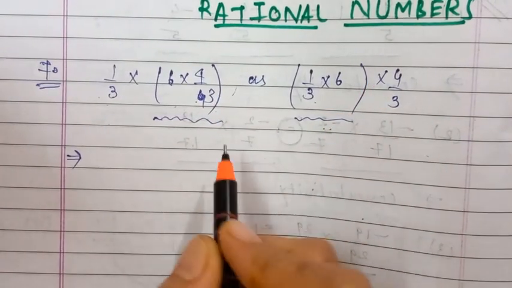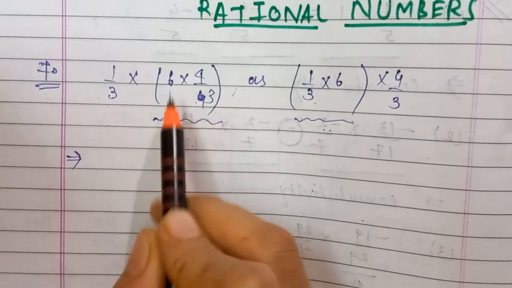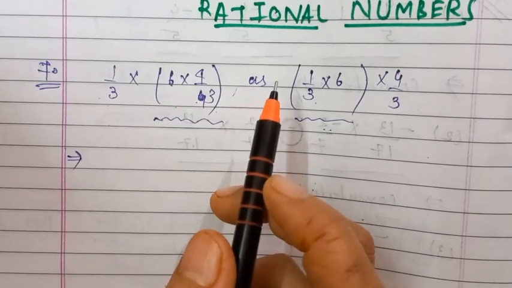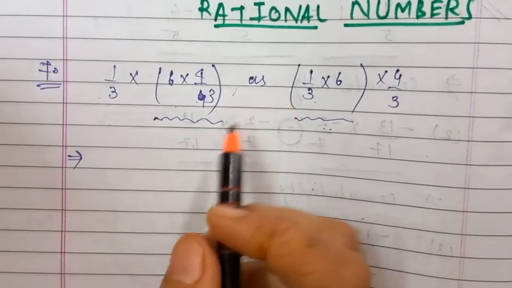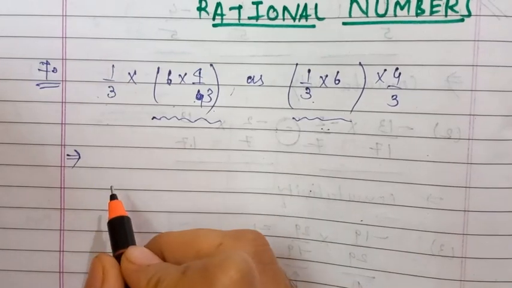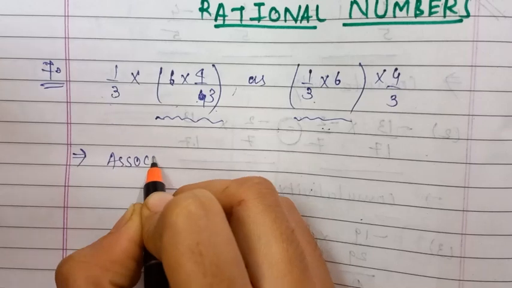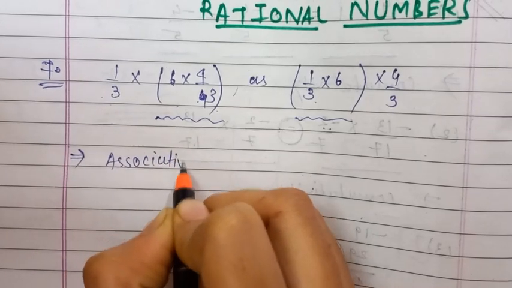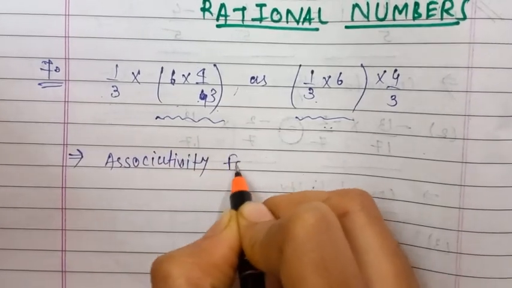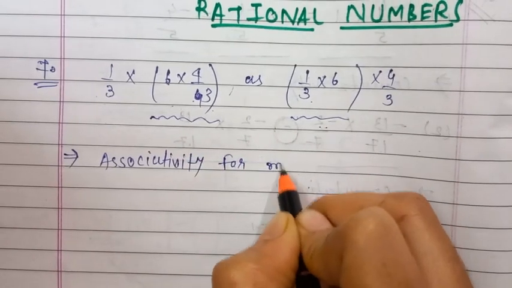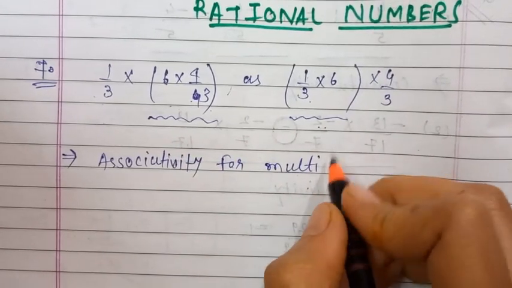We did not change the order, but we made different groups. So this is associativity, for the operation of multiplication.